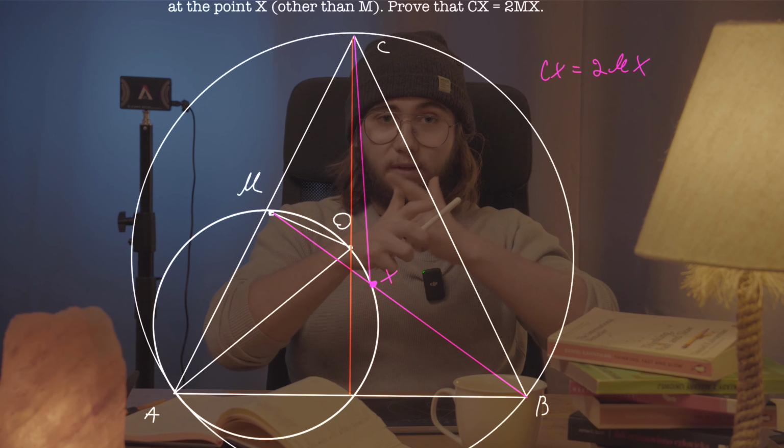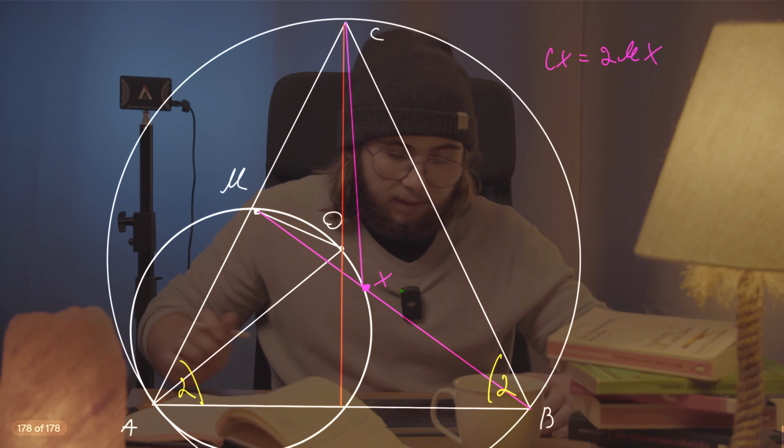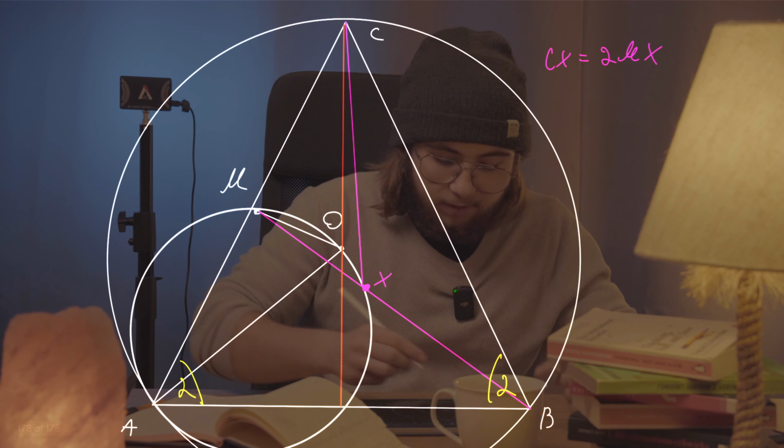Now, we know that this triangle is isosceles, so let me mark the two equal angles here as alpha. So those two angles are going to be alpha. And thus we know that the angle ACB, this guy right over there, is going to be equal to 180 degrees minus double alpha.